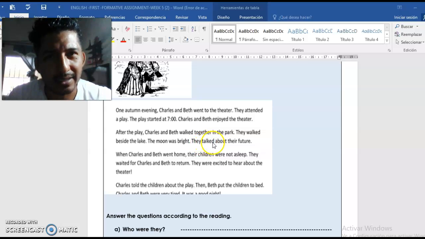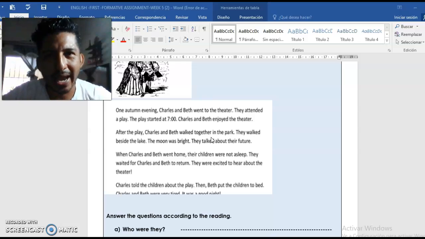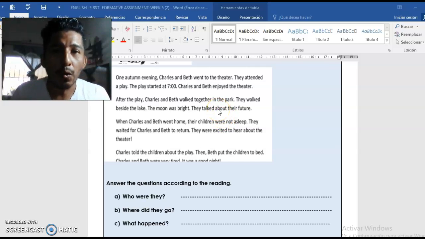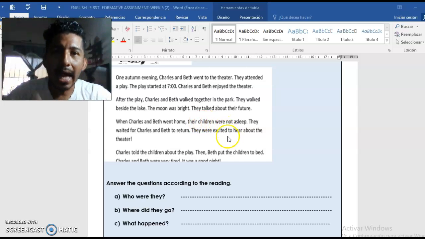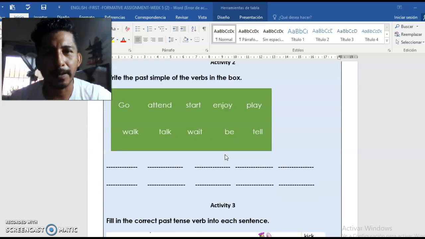"Talk it" is an incorrect form to say. The correct form is "talked." There are many different examples that maybe you didn't know, but now you know that is a mistake. And now I'm going to show you how to pronounce those verbs.